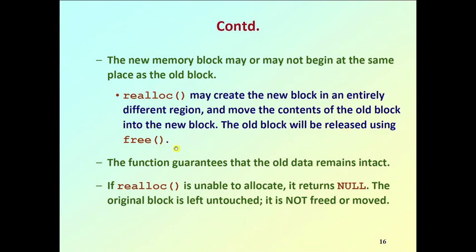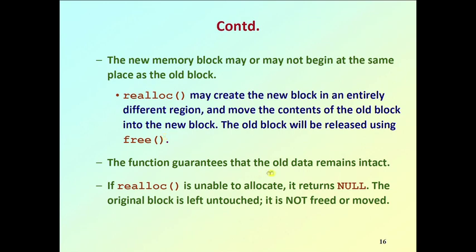So, when we do realloc on previously allocated memory where we have already stored data, all of it will be shifted to the new space allocated by realloc, and the previous space allocated by malloc will be freed.